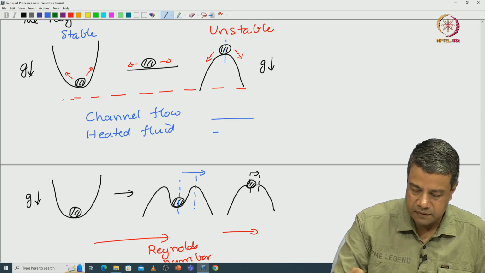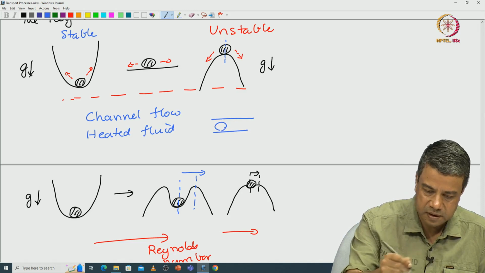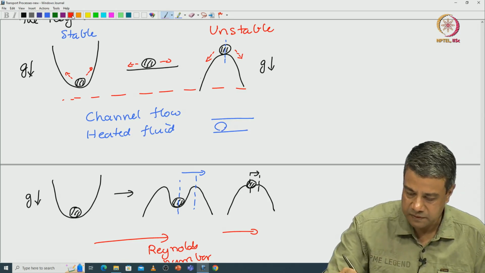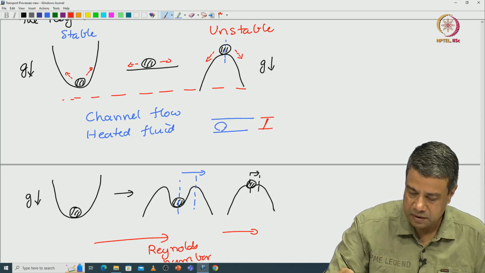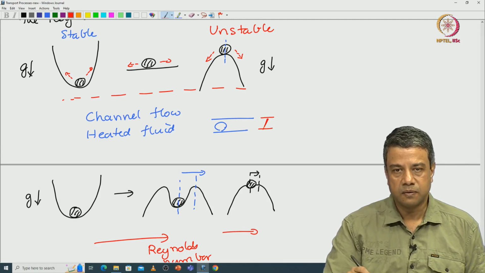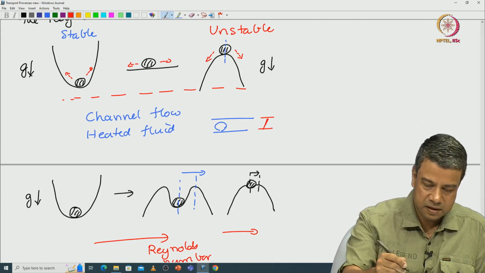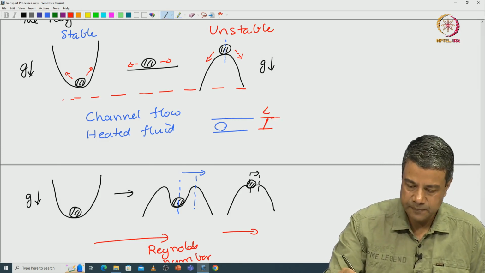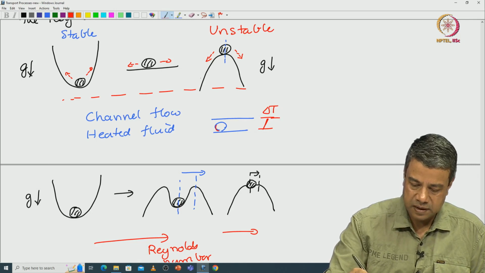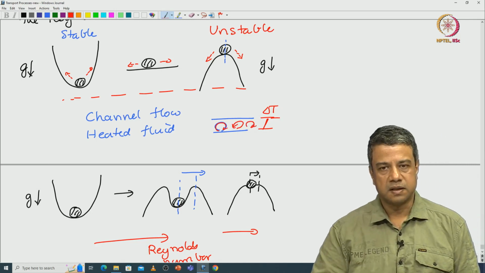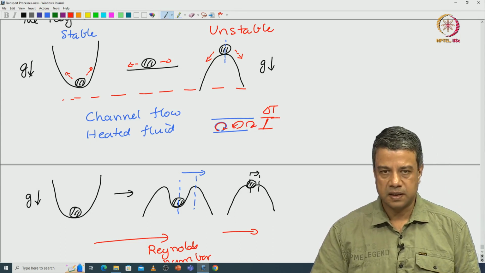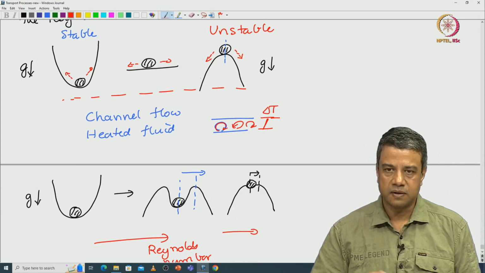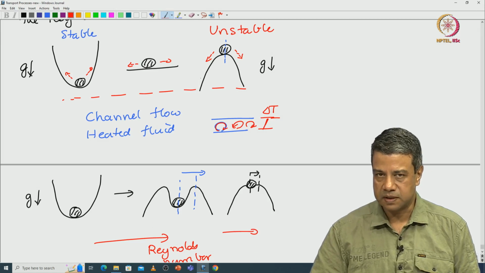If you heat a fluid between two plates, and the temperature variation between the two surfaces is relatively small, the fluid will remain stationary. However, if the delta T crosses a certain value, you get these spontaneous rolls. This is called the Rayleigh-Bénard instability, and similarly for rotating fluids you have something called the Taylor-Couette instability.